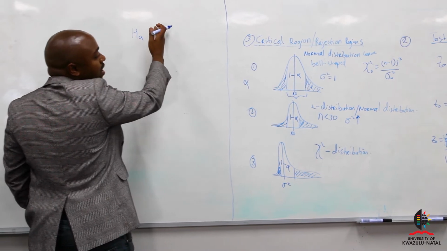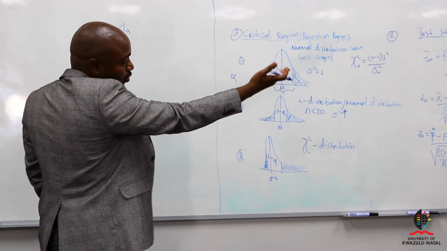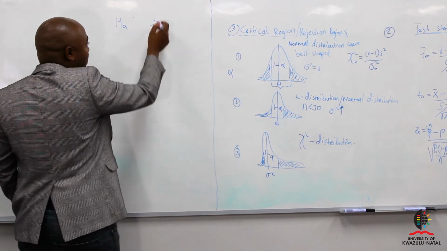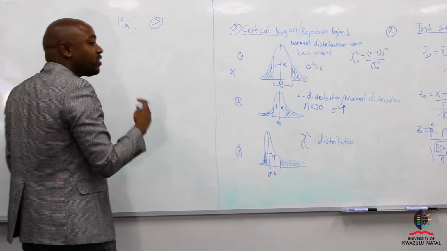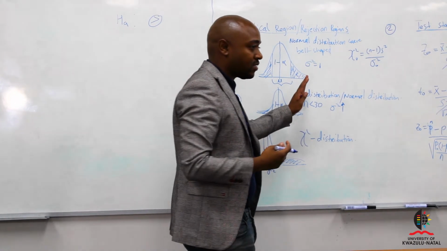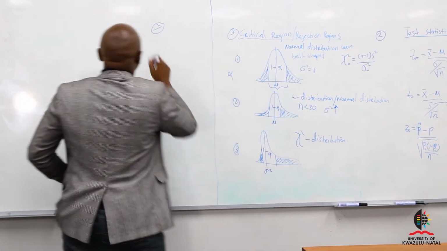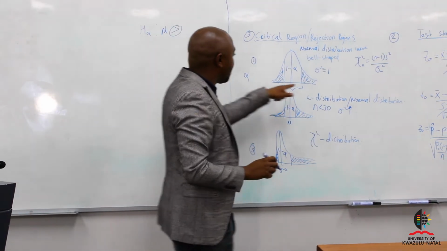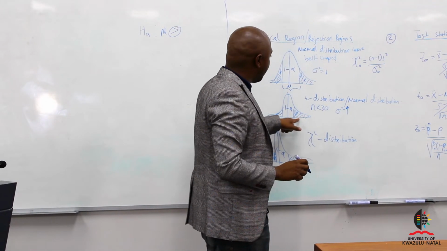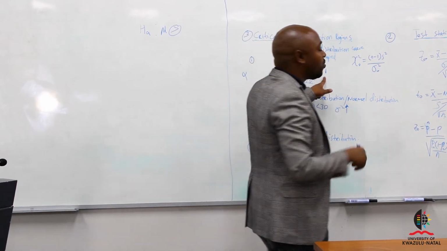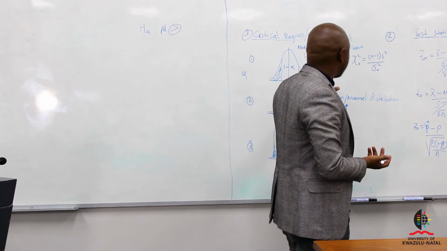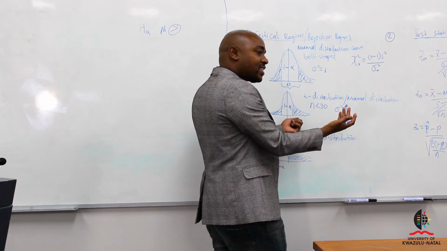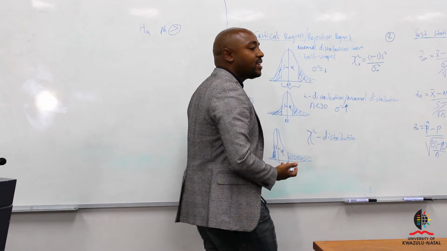So your alternative hypothesis can be about mu, proportion, or variance. If it's greater than, what does this mean? It means that your rejection region is on the right. If it's mu here, it means that your rejection region is either this or this. But you can only use this if variance is known and n is greater than 30, and you can only use this if variance is unknown and n is less than 30.